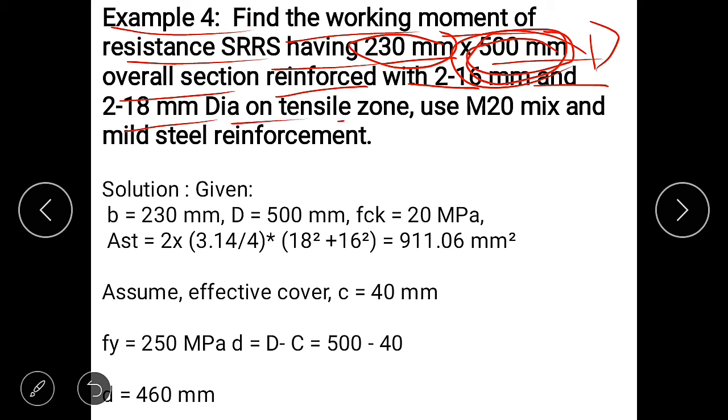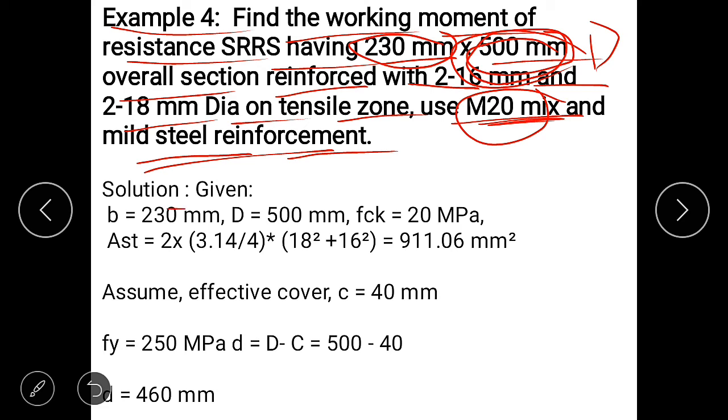Use M20 mix and mild steel reinforcement in the tensile zone. M20 means fck is 20, and mild steel means fy is 250.